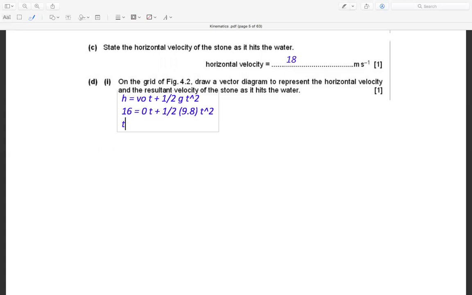So we get t. Let me take the calculator first.